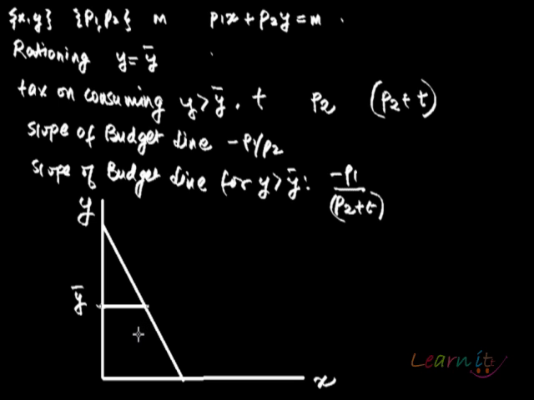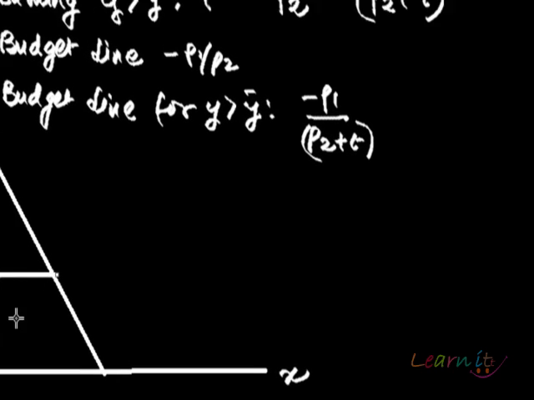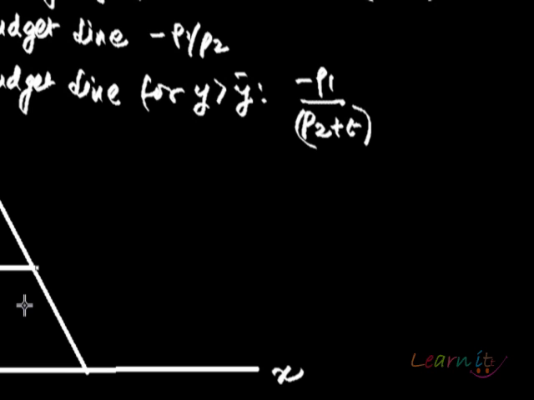Now what you need to show is how the budget line moves in case of this rationed product. So let's take up one example. The example is, earlier the price vector was say 5, 3, and the income of the consumer was 15.